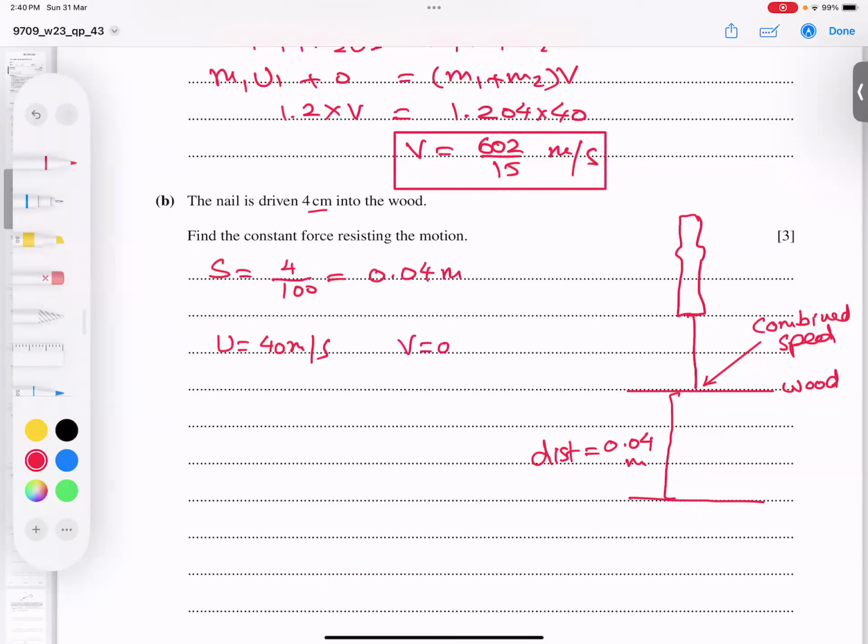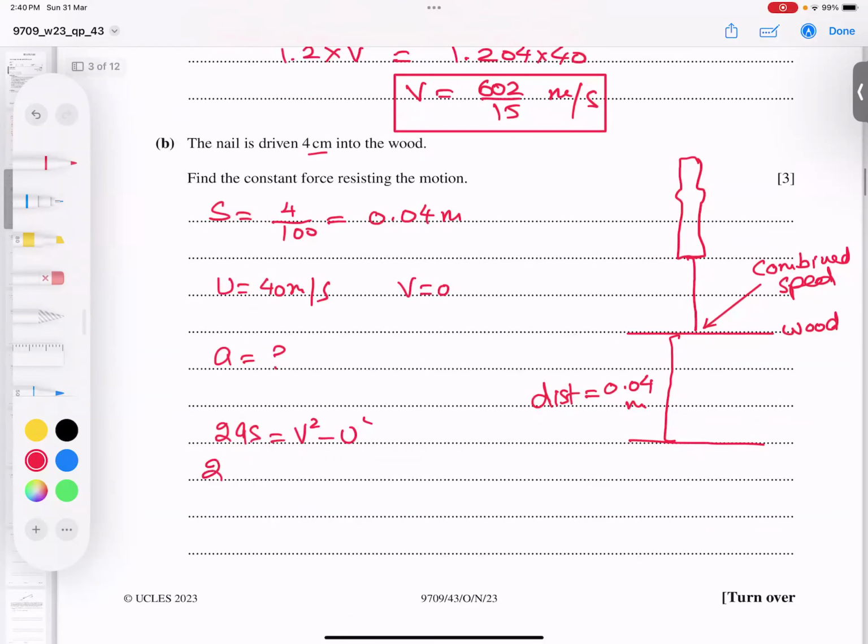Using this data, we can find the acceleration very easily. The formula is 2as equals v squared minus u squared. So 2 times the unknown acceleration, s is 0.04, the last velocity is 0, and u is 40. So a is unknown.